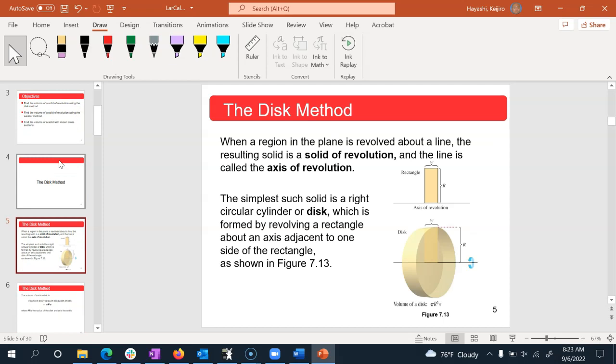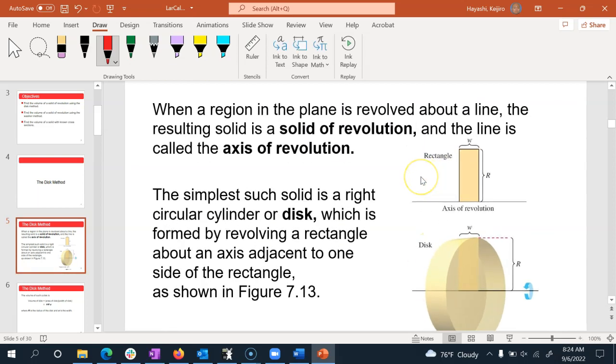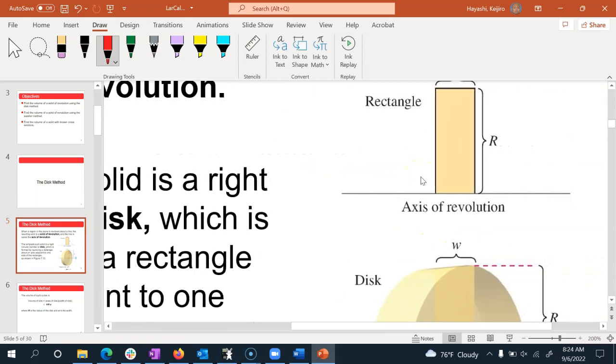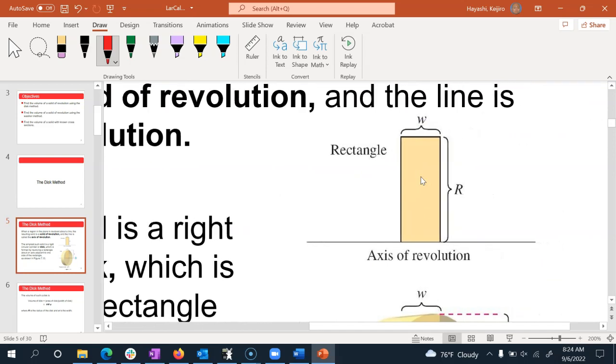Okay. So a solid of revolution is some sort of area that is rotated around an axis. Imagine there's a rectangle lying right against an axis of revolution, like this. Of course, that's a two-dimensional area.